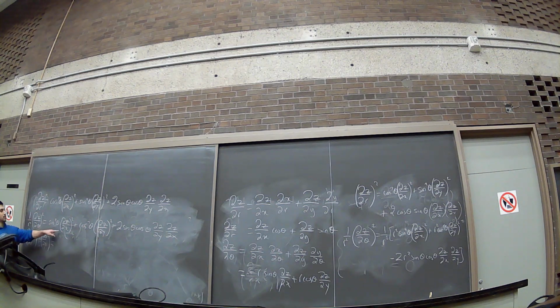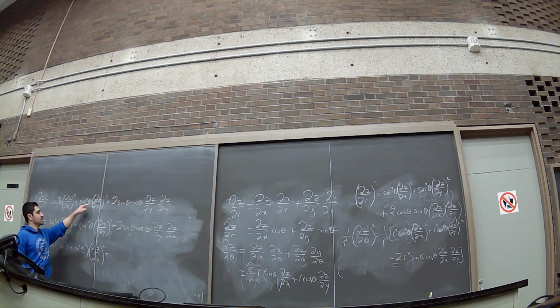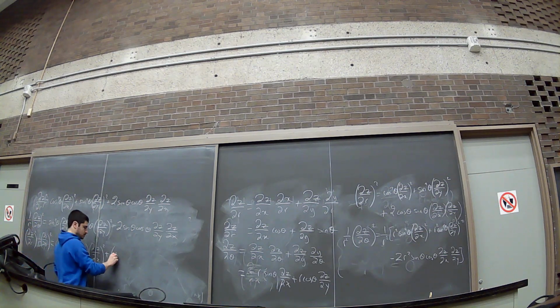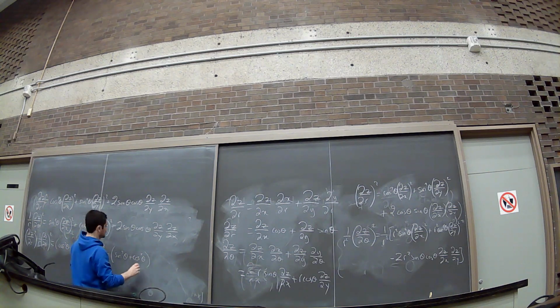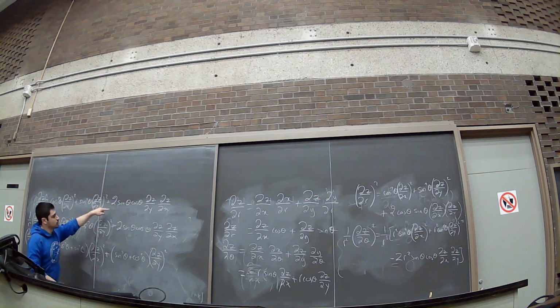equal to what? So what is the coefficient of del z del x squared? I combine the terms in del z del x squared. What do I get? Cos squared theta plus sine squared theta, times del z del x squared. Then what do I have? What is the term in del z del y squared? It's sine squared plus cos squared. Now what happens to these two terms? They cancel out. So what do you have here?